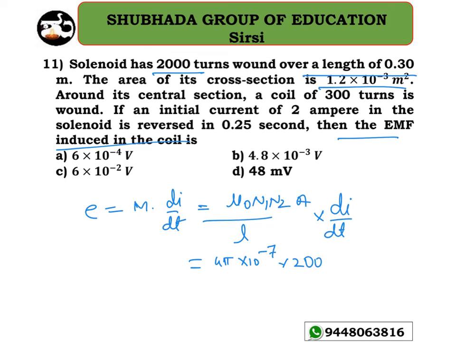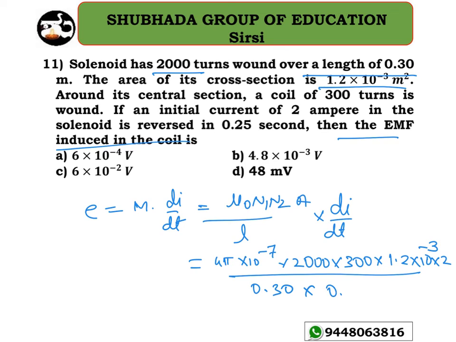N1 N2, 2000 into 300, into the area of cross section, 1.2 into 10 to the power of minus 3. The change in current is 2 ampere divided by the length, 0.30 meter, and the time is 0.25 seconds. If you solve this, you will get 48 millivolt. Option D is the right answer for this question.